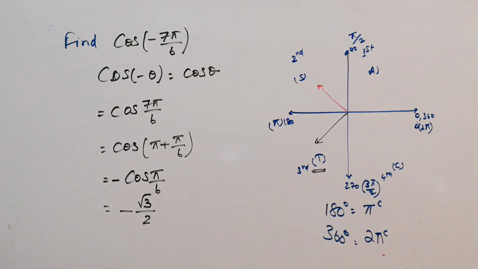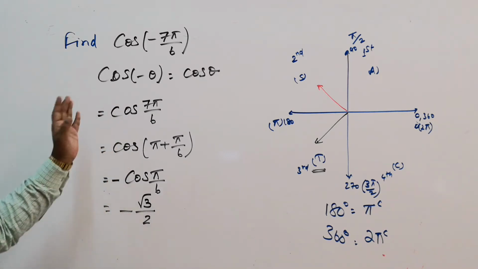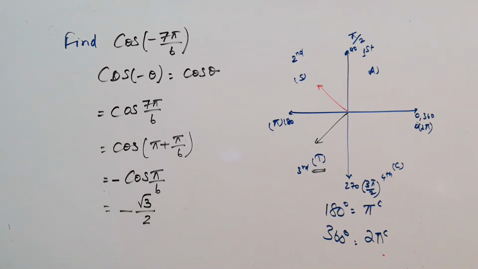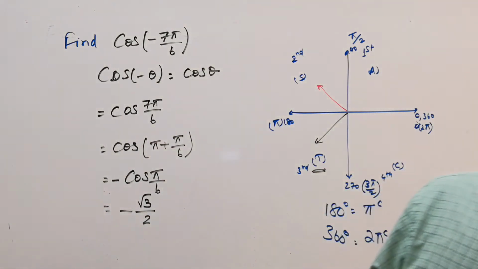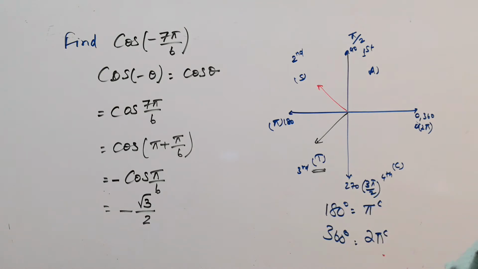Now understand the idea of how to evaluate the values when the degrees are given and the radians are given. So let me discuss one more problem in this idea. Maybe let me take some higher values.